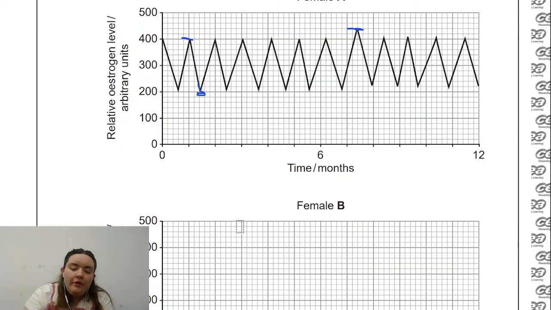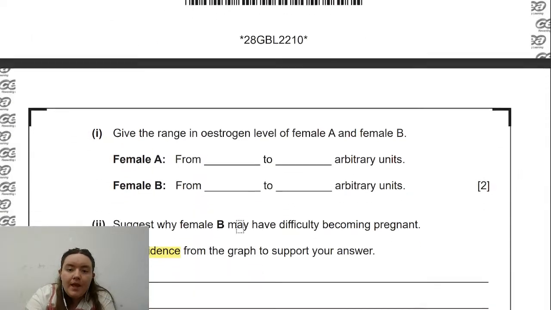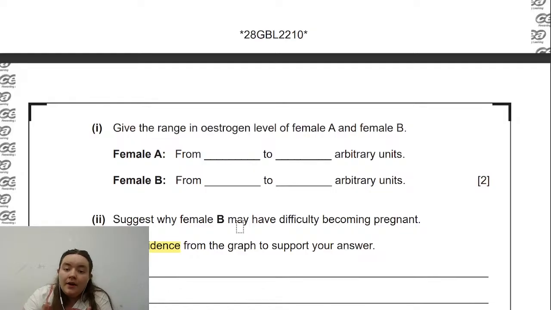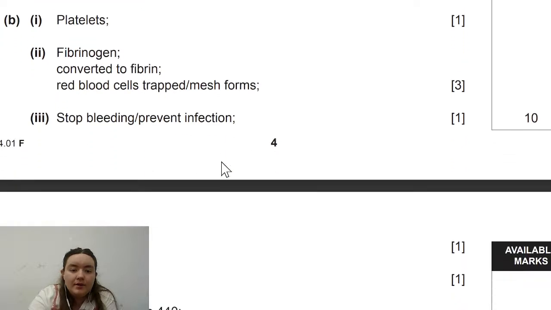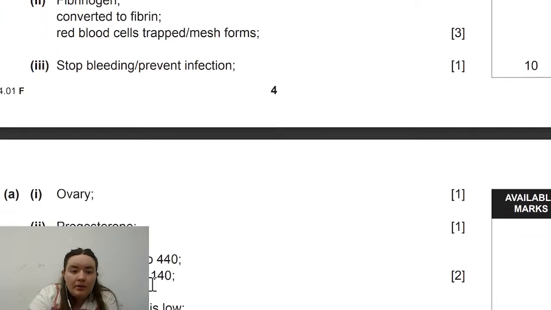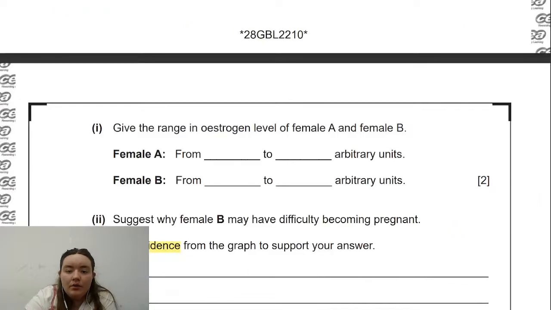So female B has consistently low levels of estrogen compared to female A, and this means that it could affect her fertility. Female fertility is the ability to get pregnant. So estrogen is low, unable to release eggs, or unable to ovulate.